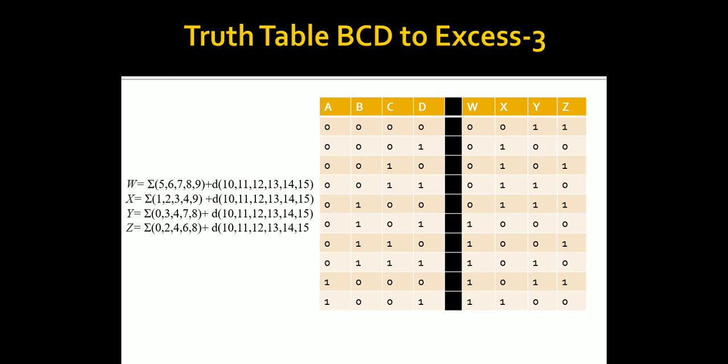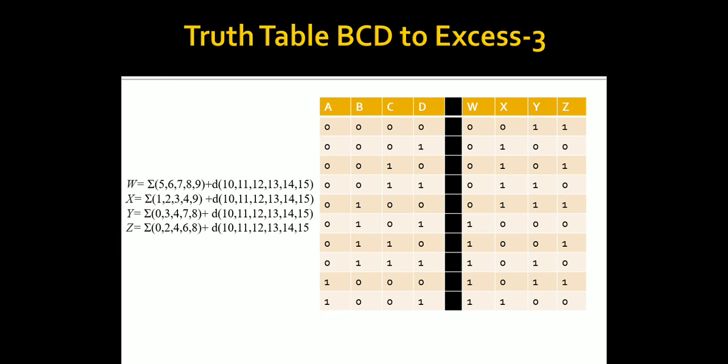Here d represents the don't care condition, as in a 4-bit representation we have 2 raised to power 4, that means 16 numbers to represent, but in BCD we can represent only 0 to 9. Therefore the numbers from 10 to 15 are taken as don't care.